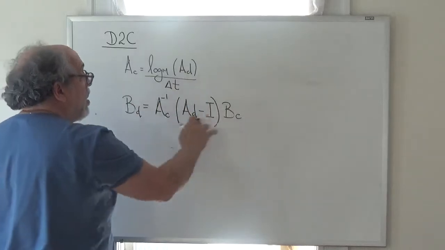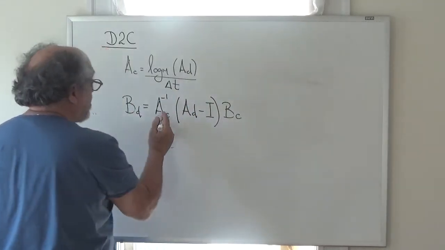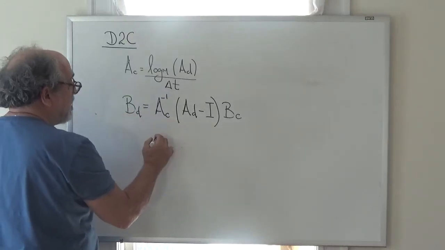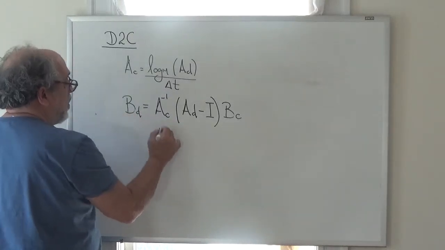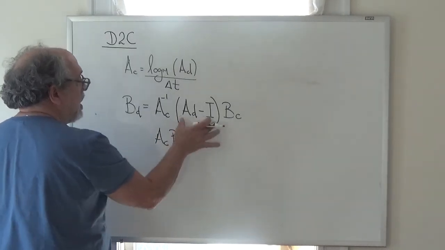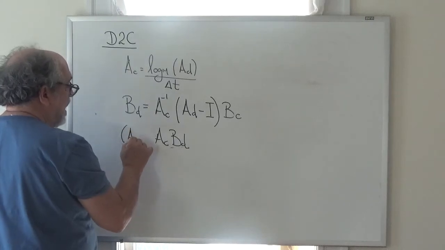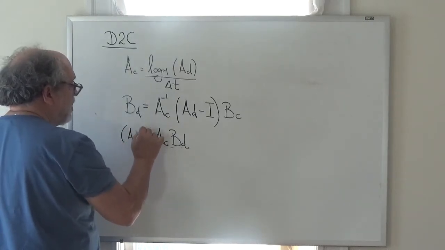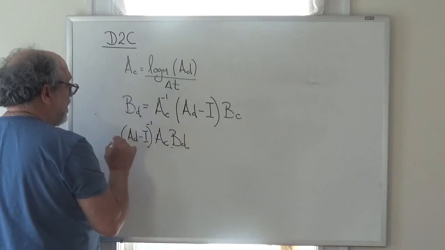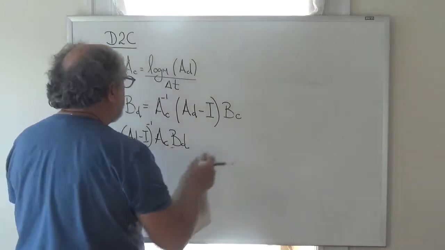So from there, we can derive the formula for B continuous if we have B discrete. Multiplying times AC on both sides, pre-multiplying, we would get AC times B discrete. And then we pre-multiply by the inverse of this. And so we get A discrete minus the identity to the minus 1. And this is what B continuous is as a function of B discrete.